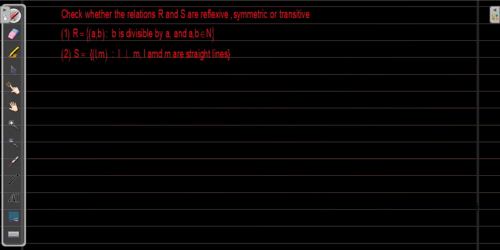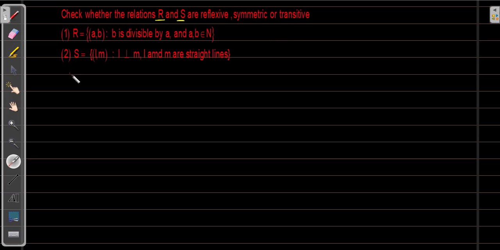Now look at another example. In this example, we have to check whether the two relations, relation R and relation S, are reflexive, symmetric or transitive.